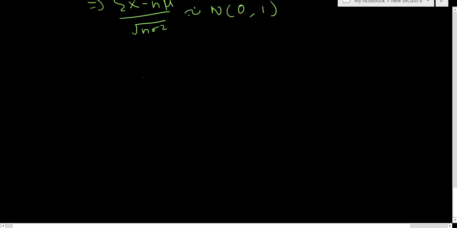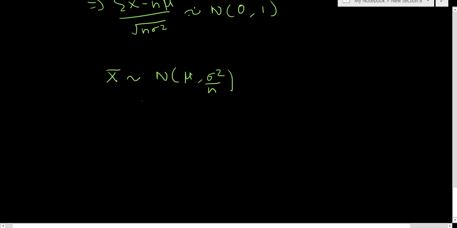Similarly for the mean, x bar follows a normal distribution with the mean mu and a variance sigma square by n.